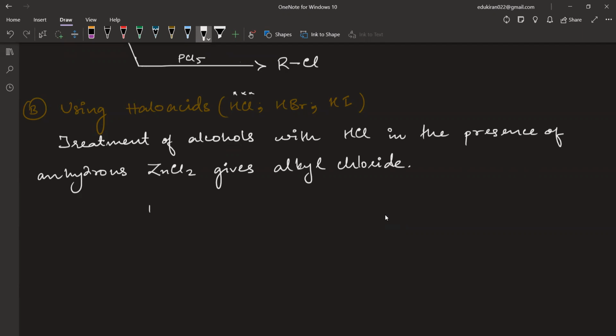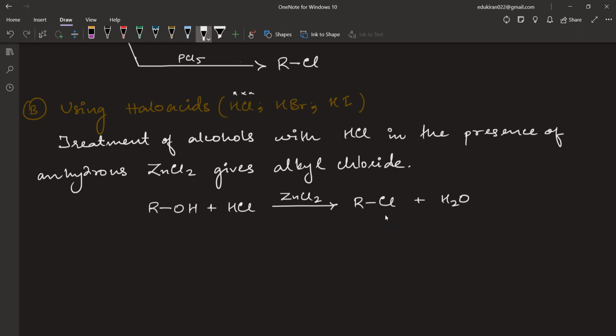So the general reaction is you have ROH and I react this with HCl in the presence of ZnCl2. And what do I get? I get RCl plus H2O as a byproduct.